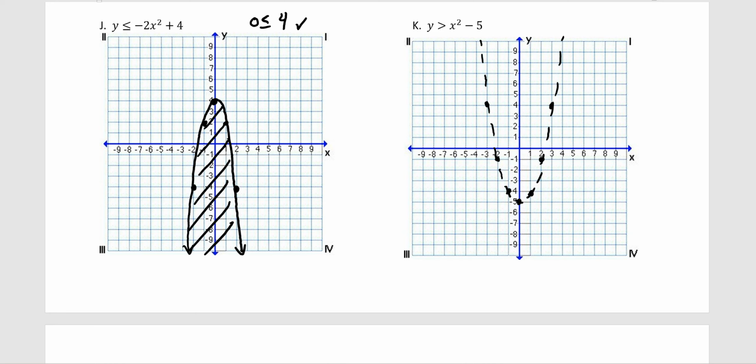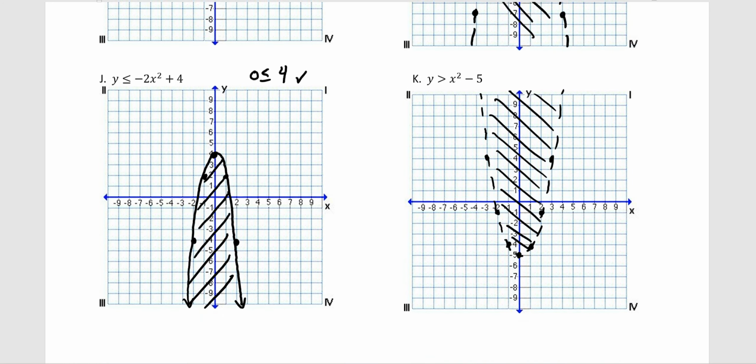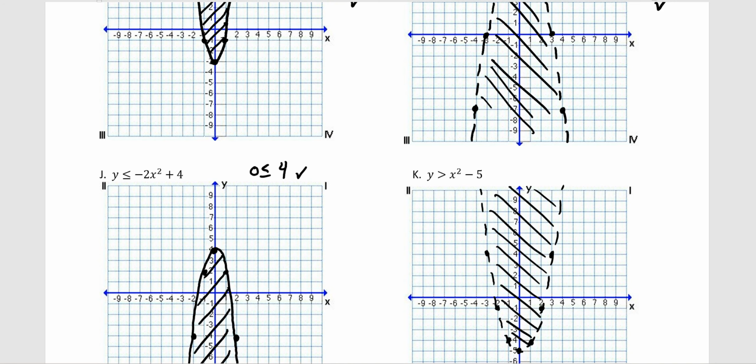And when we shade inside, we, of course, get this section because 0 is indeed greater than negative 5. Now, we will not always be shading inside the parabola. That's just something that happened here. I don't want you to freak out and think that's the only possible explanation. I just think it gives a cool shape, and to be honest, I like how it looks.